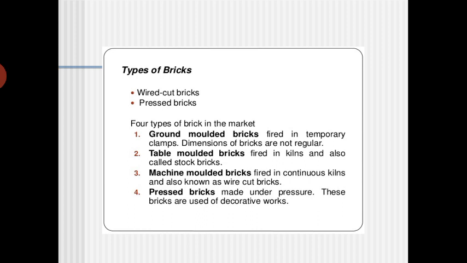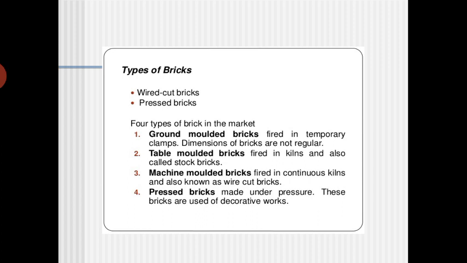Of course, there are four types of bricks available in the market. This is again one more classification, based on the availability in the market. The first one is ground molded bricks. Second one is table molded bricks. Third one is machine molded bricks. The fourth one is pressed bricks.